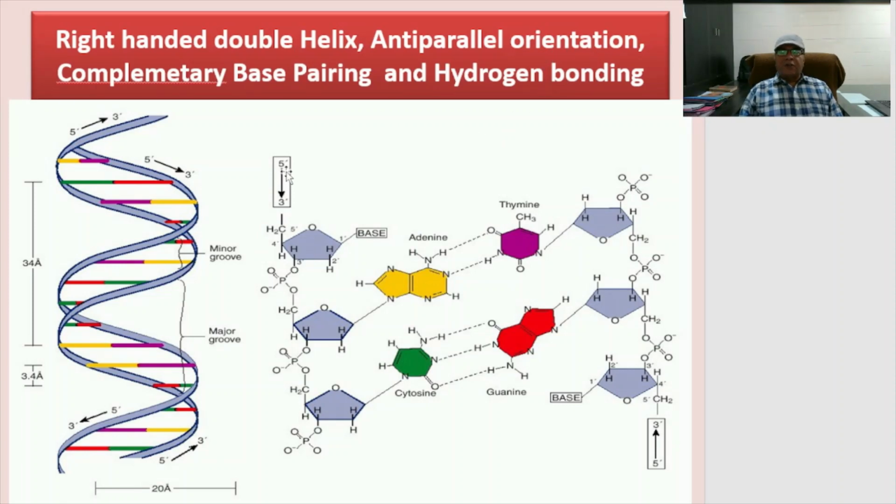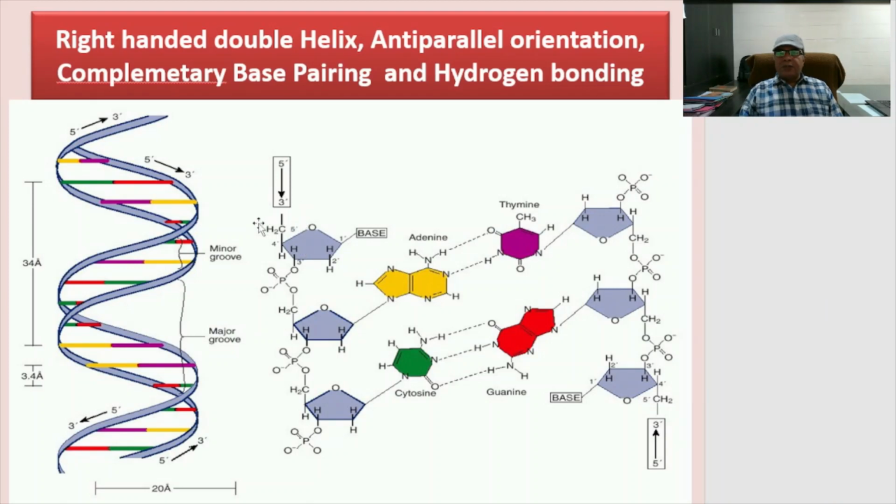It has an anti-parallel orientation. One strand runs in the 5' to 3' direction, and its opposite, complementary strand runs from 5' end to 3' end in the other direction. So this is anti-parallel in nature.